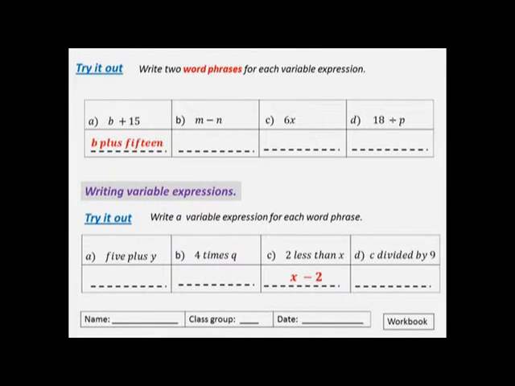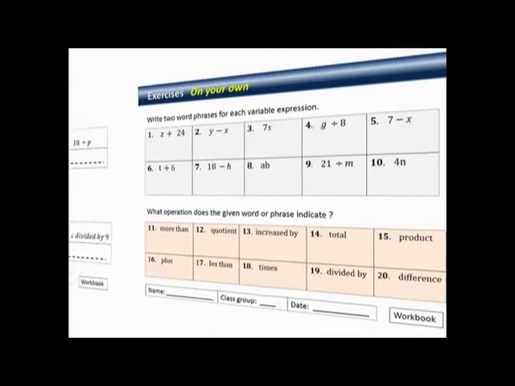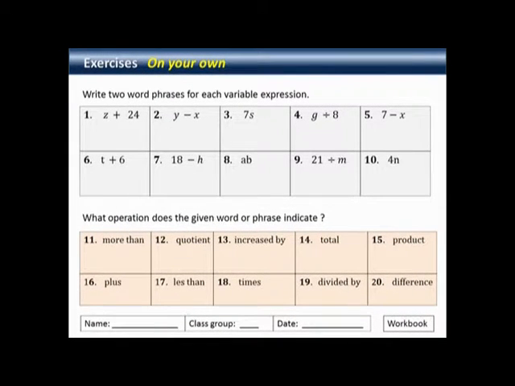Try it out. Write 2-word phrases for each variable expression. Do this in your workbook. I've given you A. It's B plus 15. Exercise on your own. Do this in your workbook.